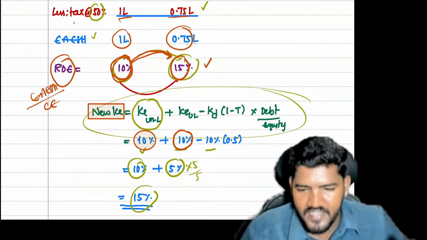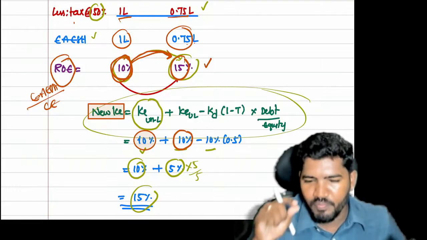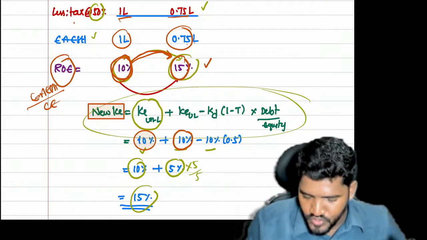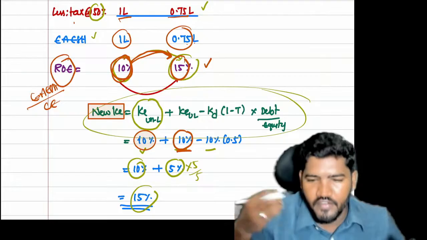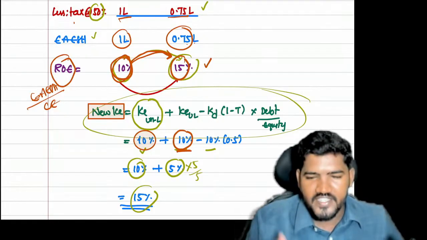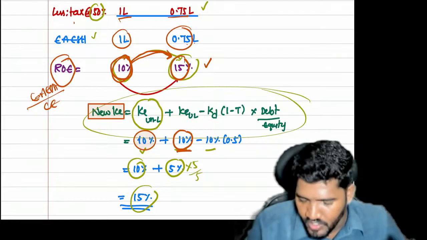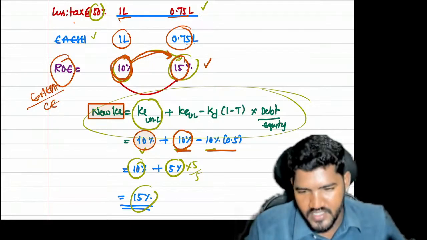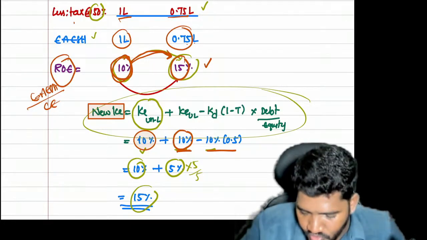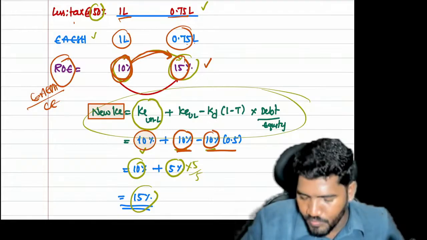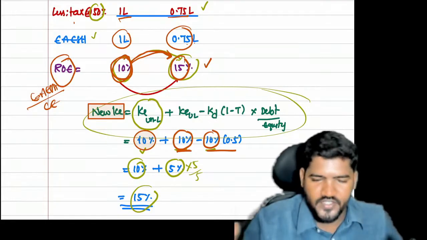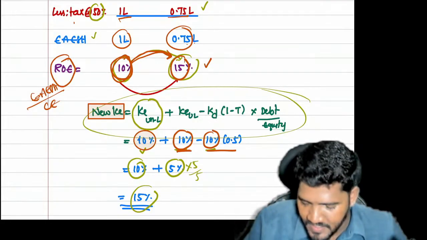What amount is pending? I have to pay to the debenture holder. So what amount I received in the levered firm from that 10%, I can't enjoy as a shareholder. That 10% I have to settle to the debenture holder. On the debenture holder payment I also have a tax advantage. That's why I'm not utilizing the entire 10%. I am paying only 5%. 5% is my tax advantage. So 10% minus 5%.